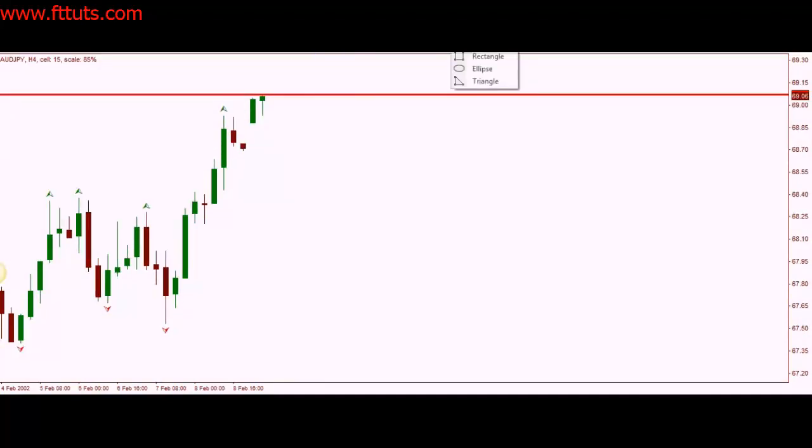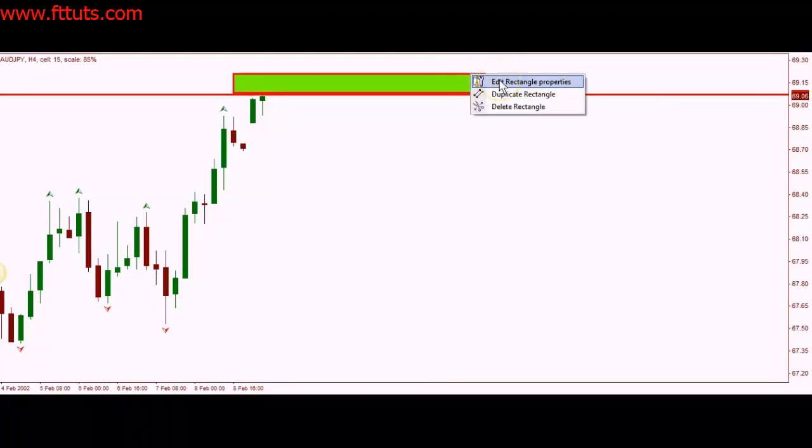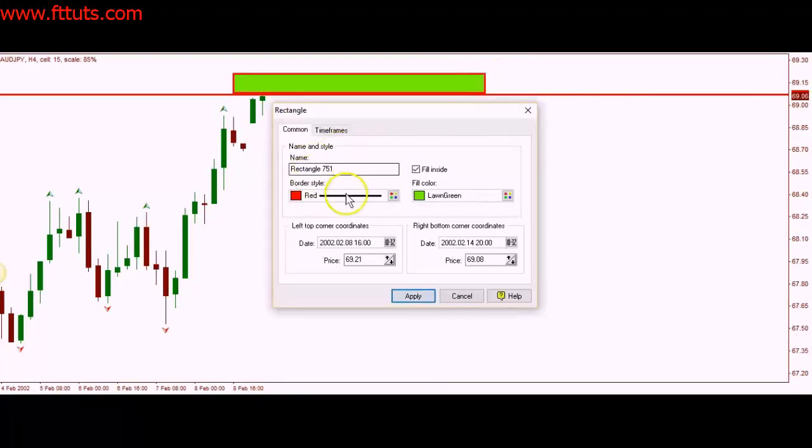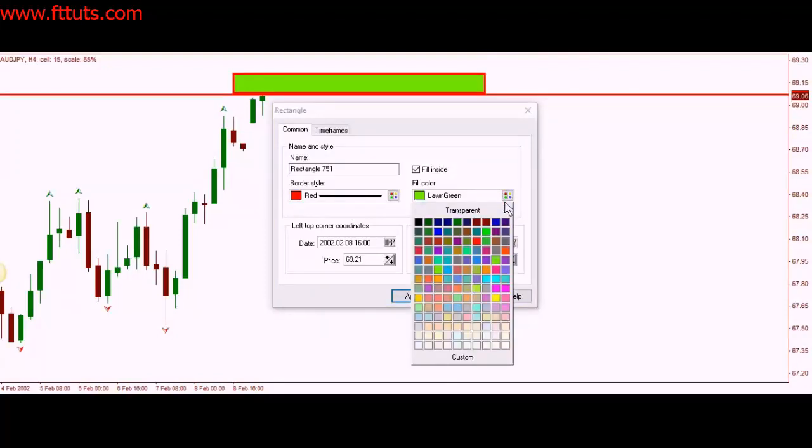So again, we'll put a little box here to represent buyers and sellers. And this time I'm not going to put the numbers in. We'll just know this is an area. Let me mark this.